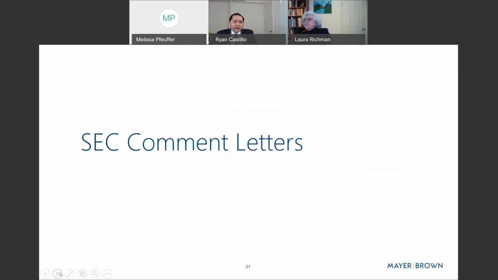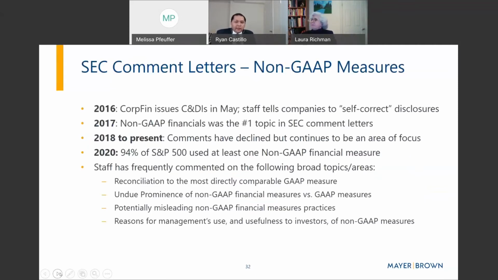Thanks, Laura. So now we look at recent SEC comment letters on non-GAAP measures, KPIs, and COVID-19 disclosures. On non-GAAP, following the 2016 release of the CNDIs, CorpFin signaled they will focus on non-GAAP measures.